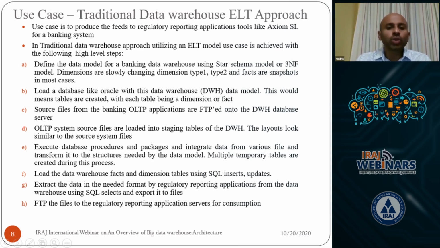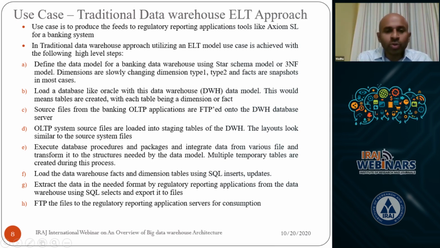Then you take those source files and load them into the staging tables. From the staging tables, you utilize packages and procedures to integrate and transform the data, eventually create multiple subtables in this process, and load it finally into my data warehouse, which is nothing but facts and dimensions.